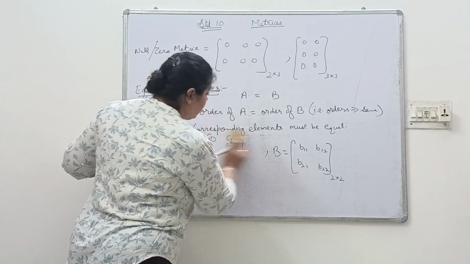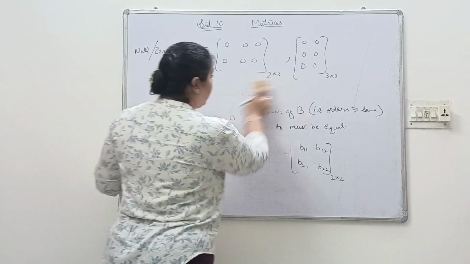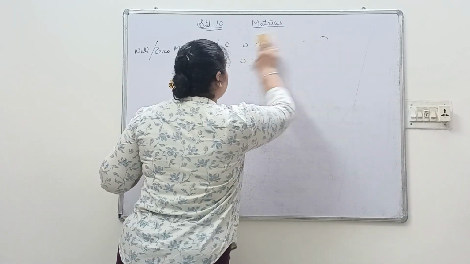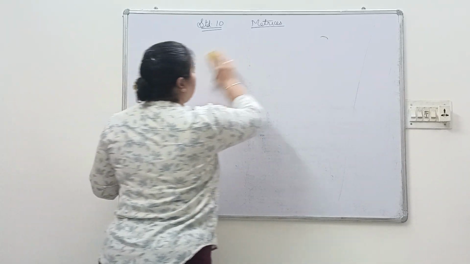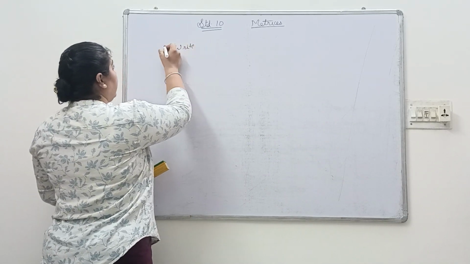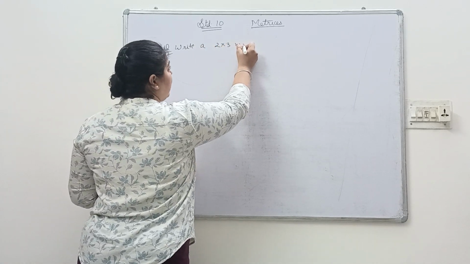Now in the board exam they can ask a 1 mark question regarding it: write a matrix, any matrix. They also give you the order of the matrix. They can ask a question like this: write a 2 by 3 matrix.